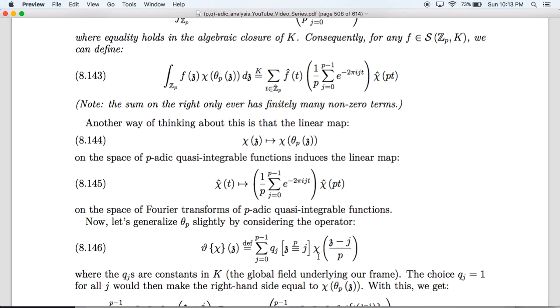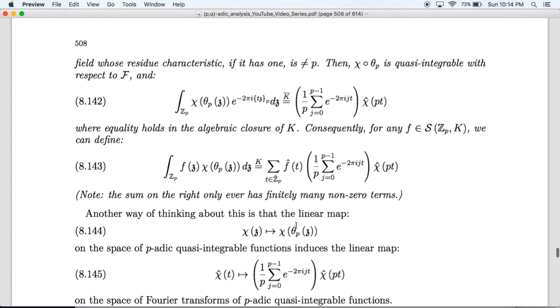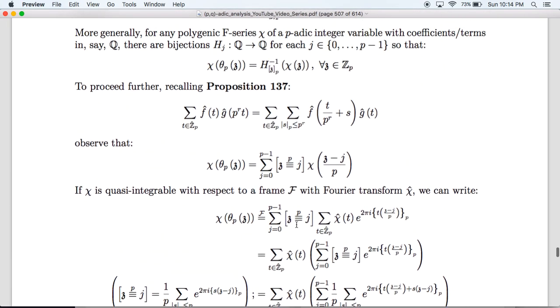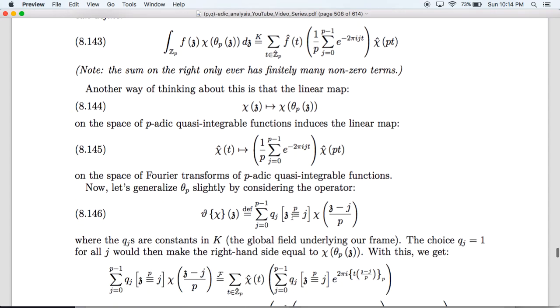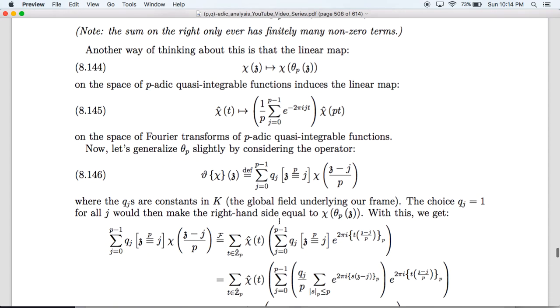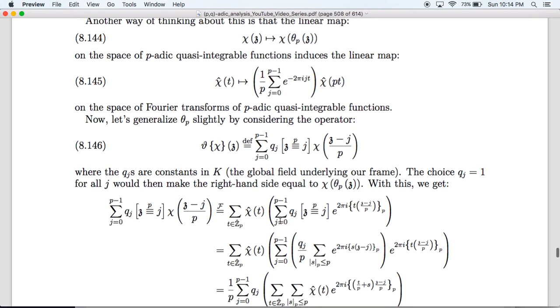Now let's generalize phi theta p slightly by considering this operator, where instead of just summing everything directly as we do with theta p, we're going to give this a weight of qj, where the constants are in a global field, k, the one underlying our frame.